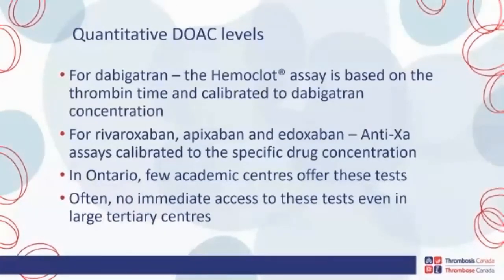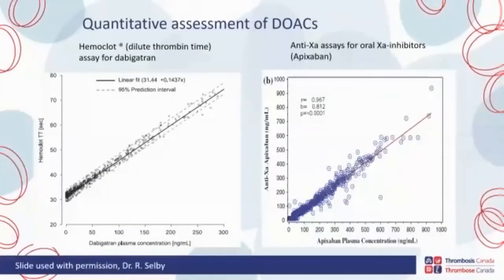All right, but as a general statement, very few Ontario labs offer DOAC levels. All right, and often these are not offered 24/7, even in the academic centers. But this is just to show you the quantitative assessment of the DOACs is extremely good when we use drug-specific calibrators.